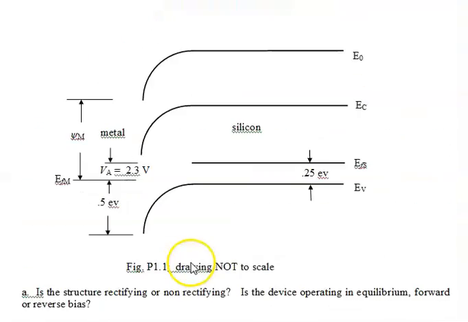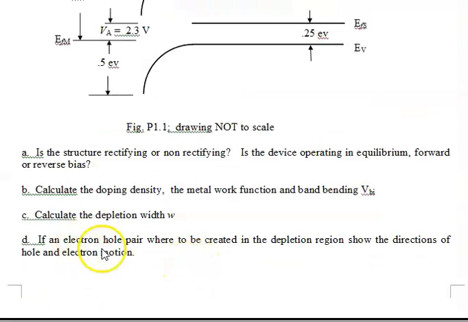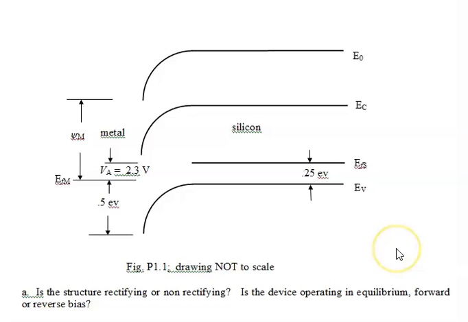Okay, what's part D? Part D is, if an electron-hole pair were to be created in the depletion region, show the directions of electron and hole motions. Okay, that's pretty straightforward.